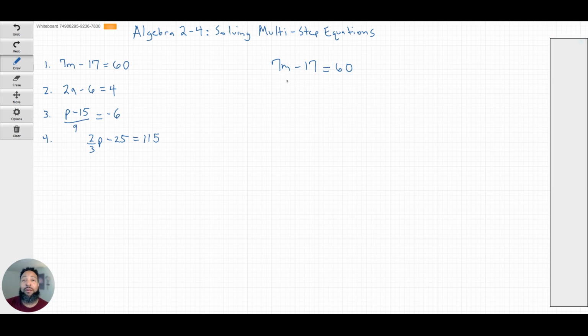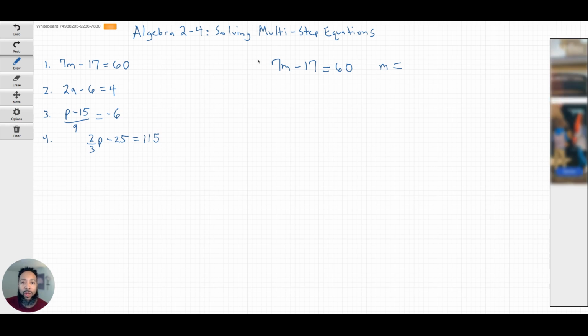When it comes to multi-step equations, remember, we always want to get the variable by itself because we're solving for it. So we want our equation to eventually look like m equals. That's what we want it to look like. So we start taking things away from that variable, pushing it over to the other side so we can get m equals, if that makes sense from a visual standpoint.